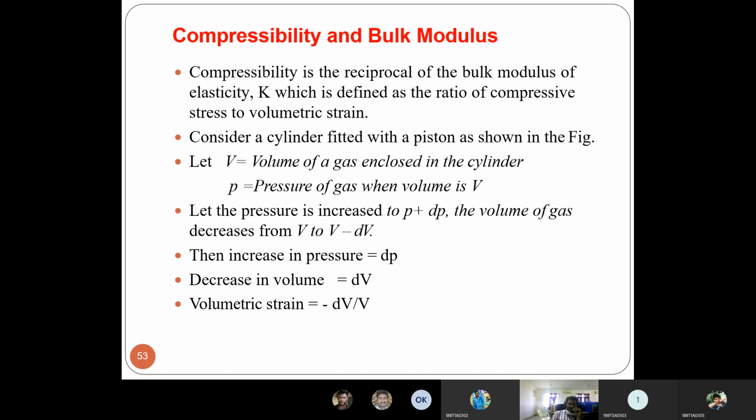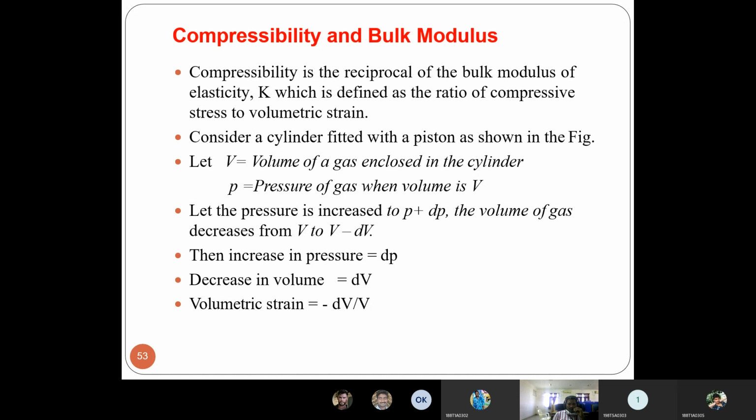Consider a cylinder fitted with a piston as shown in the figure. Let V be the volume of gas enclosed in the cylinder, and P is the pressure of gas when the volume is V. Let the pressure be increased to P plus dP, and the volume of gas decreases from V to V minus dV.